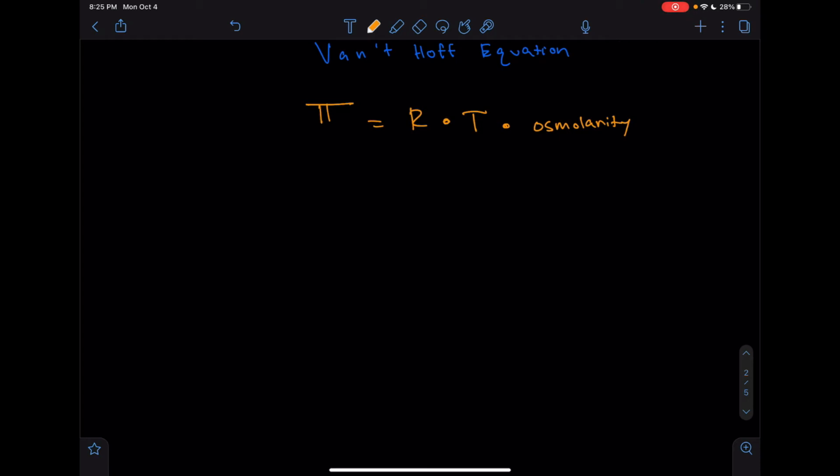This pi is referring to the osmotic pressure that we were talking about before, right? So the thing that we talked about in the beginning of the video, osmotic pressure, okay? That's all that is. It's basically saying that this osmotic pressure is a function of temperature and osmolarity, right?